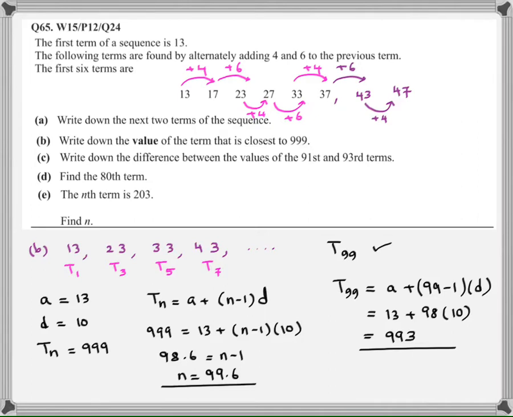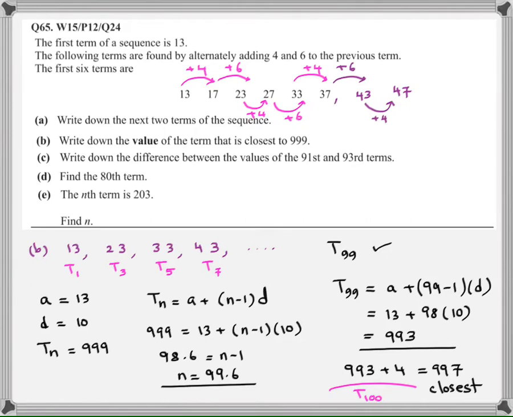Well, 13 is the first one. We first add a 4, then a 6. And the pattern continues. 4, 6, 4, 6, 4, 6, and so on. That means the number 993 that I've obtained, I can add a 4 to it. And this comes out to be 997.